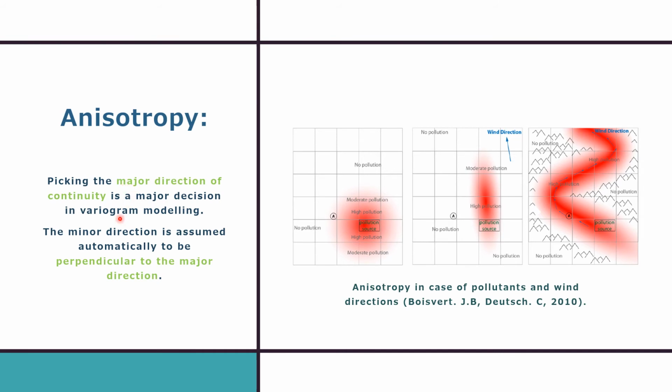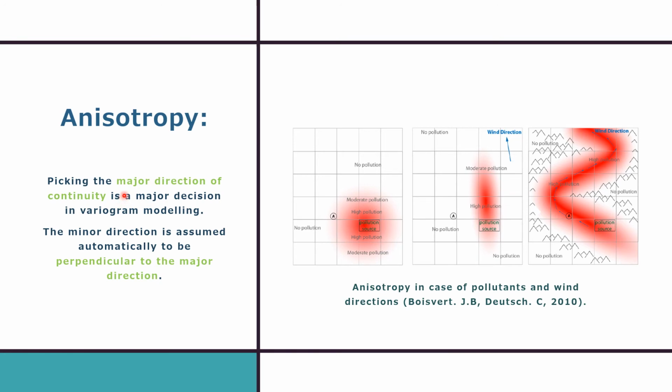That is the first decision we make in modeling the variogram. The major direction of continuity comes from geological understanding. Based on the geological understanding of the region, we say in what specific direction there is more continuity. So it's usually an input. We don't usually define that in the process of kriging.